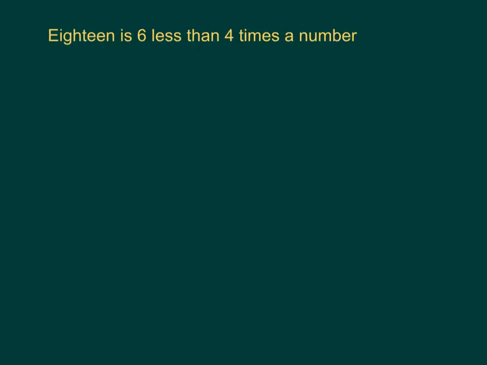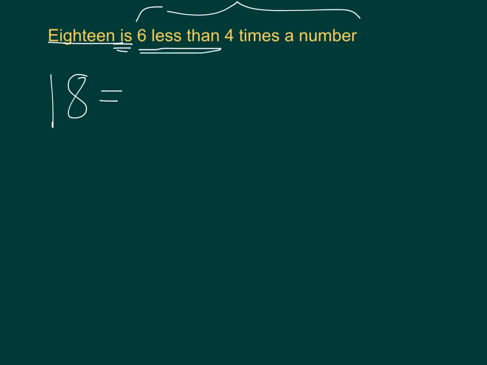All right, here's our next example. Right away, I'm looking for the word is. 18 is. So right away I can write 18 is. Now I just have to deal with the rest of it. 6 less than. All right, alarm bells should be going off in your head because when you see the words less than, that means whatever is in front of it is going to be subtracted at the end.